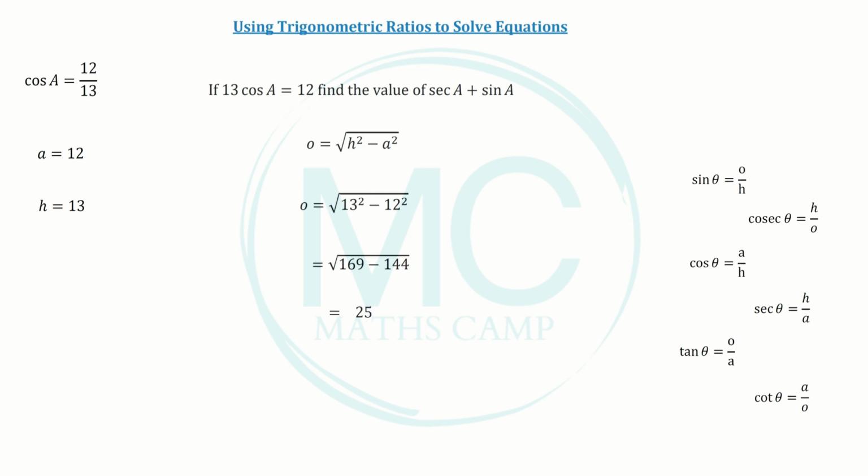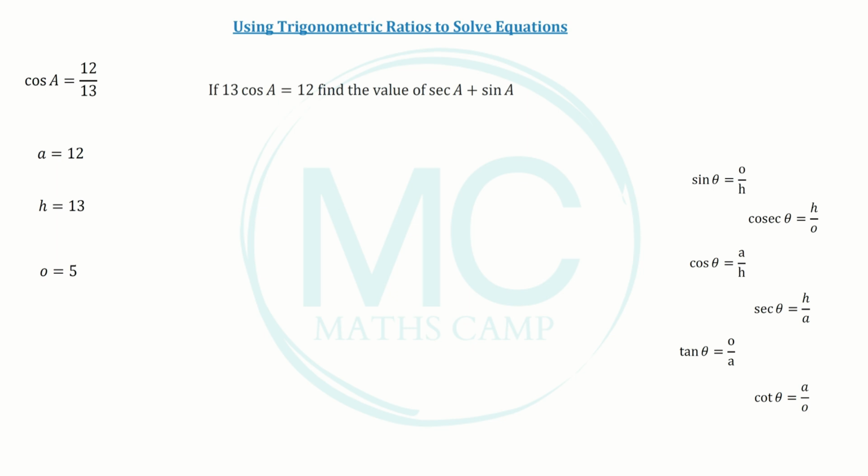So now we have 25 under a square root. The square root of 25 is 5. So we know that O is equal to 5. Let's make a note of this, and we can clean up our page.